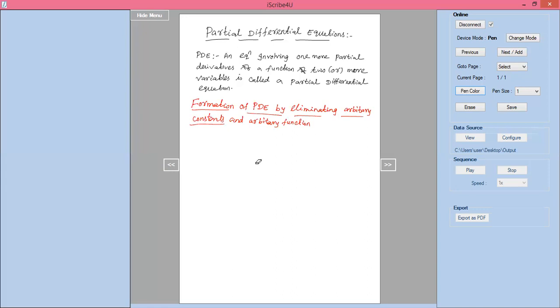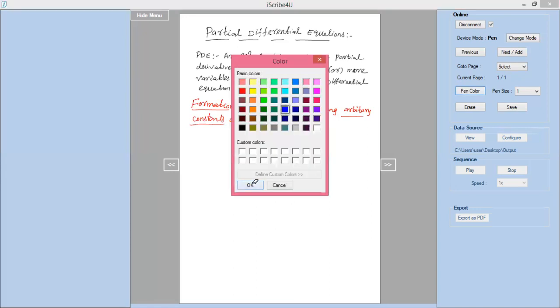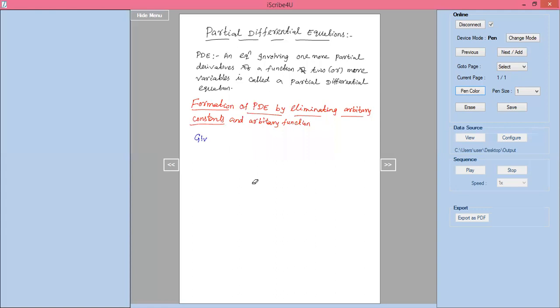How do you eliminate arbitrary constants? Suppose we are given a relation of the form f of x comma y comma z comma a comma b equal to 0, where z is a function of x and y.